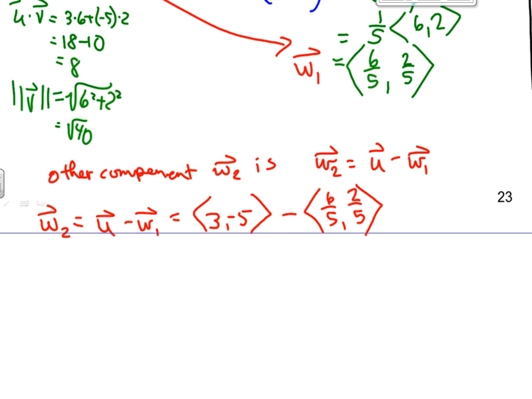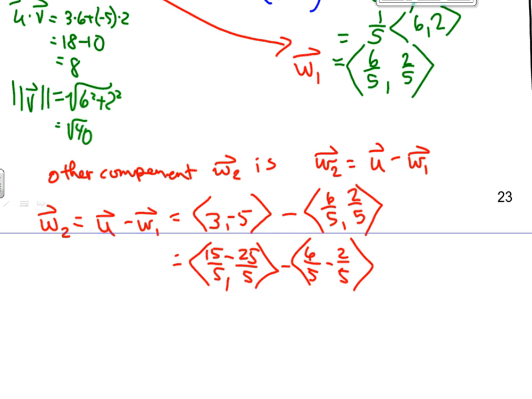So we have to get a common denominator. I'll write it with a common denominator real quick. 3 is how many fifths? 15/5. And -5 is how many fifths? -25/5. Then I'm subtracting 6/5 and 2/5.